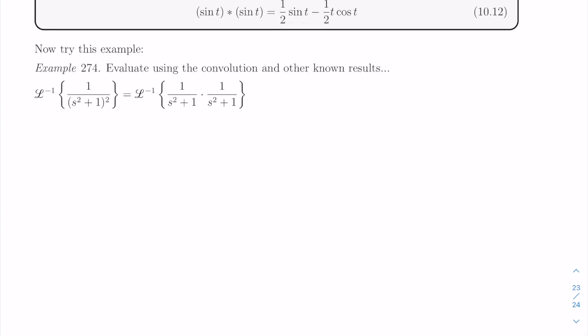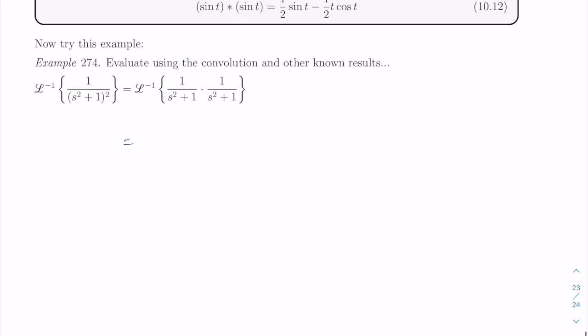Now, what are we going to do when I want to do the inverse convolution of 1 over s squared plus 1 squared? Now, this is very similar to the one that we just did. Convolution of this.